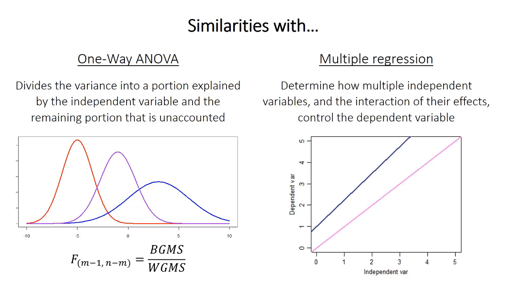But there are also similarities with multiple regression. Both techniques consider multiple independent variables, as well as potentially interactions between those variables. The difference is that multiple regression has at least one continuous independent variable, but that difference is much smaller than you might guess, as you'll learn by the end of this video.